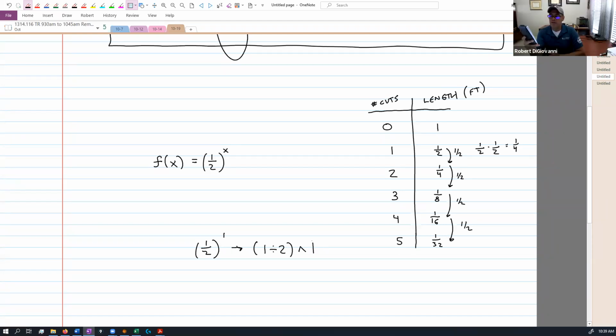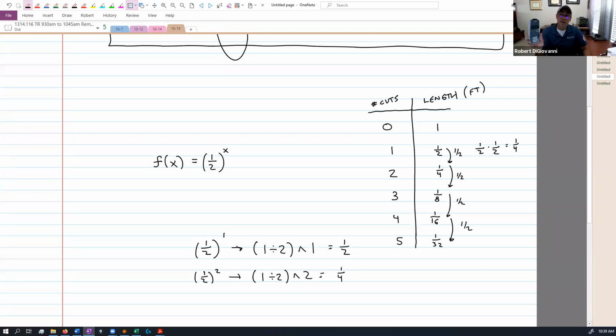Parenthesis 1 divided by 2, close parenthesis, caret 1. Hit enter and it should give you 1/2. How about 1/2 squared? Parenthesis 1 divided by 2, caret 2. Do that on your calculator, see what happens. One-fourth.